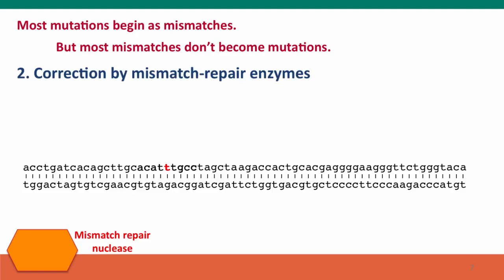And the cell solves that by bringing in a completely new independent repair system on top of proofreading, and that repair system is called mismatch repair. It does exactly what its name suggests it would do. So here's our DNA molecule containing a mismatch. This time DNA polymerase didn't notice it, didn't proofread it and correct it.